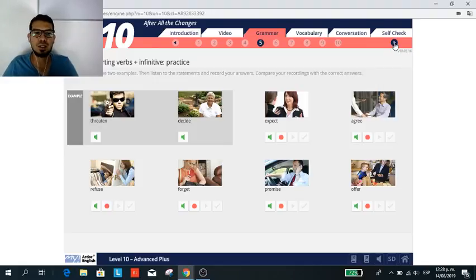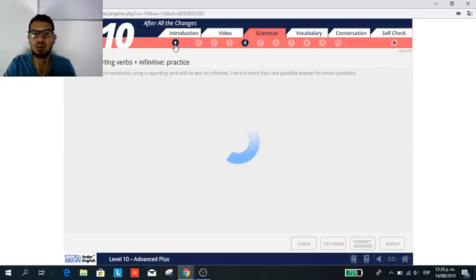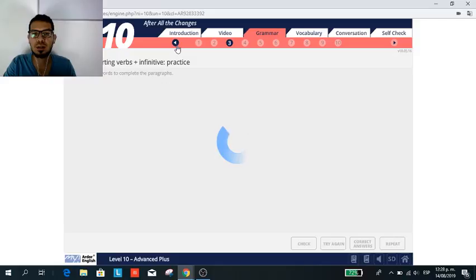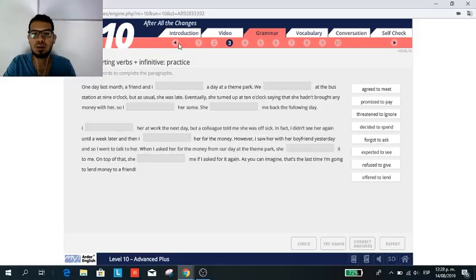Next, reporting verbs plus infinitive practice. Now we have here the verbs. I should have seen this before, but I think I saw those verbs earlier. Oops. Yeah.